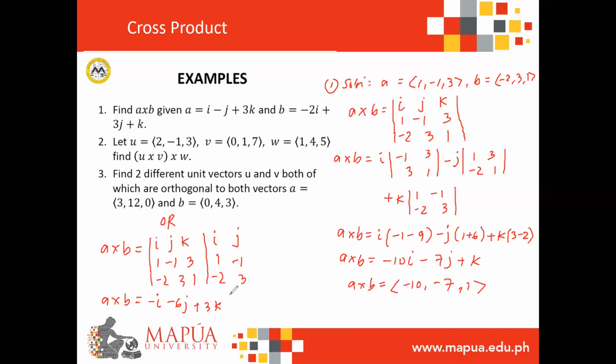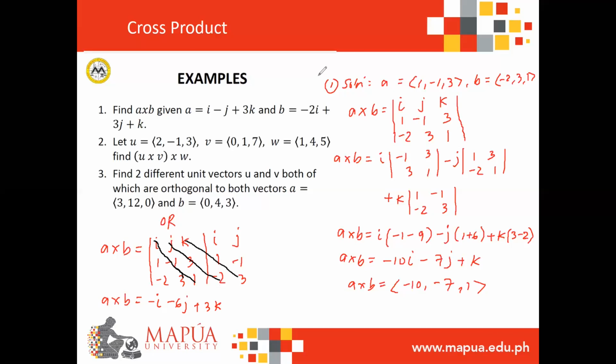So if you want, you can also do it in this manner. I times -1 times -1, that's negative i. Then you have negative 6j, then you have positive 3k.